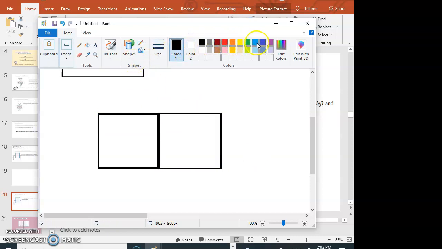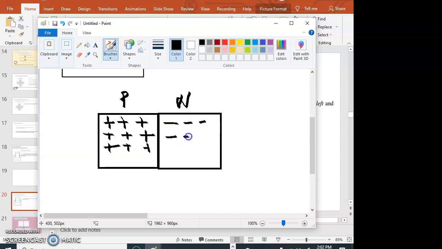For the p material, the majority carriers are usually holes. And for the n-type, the majority carriers are electrons, so we represent that with a negative symbol. So these are the majority carriers.